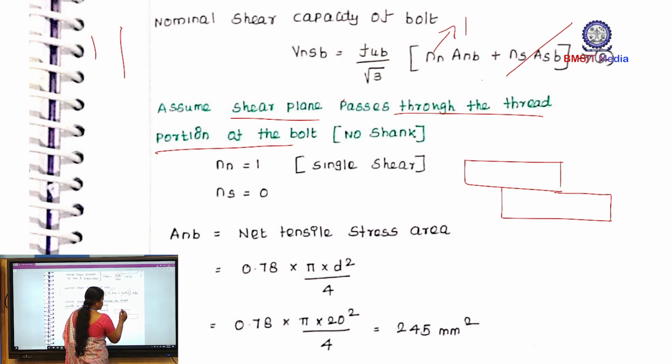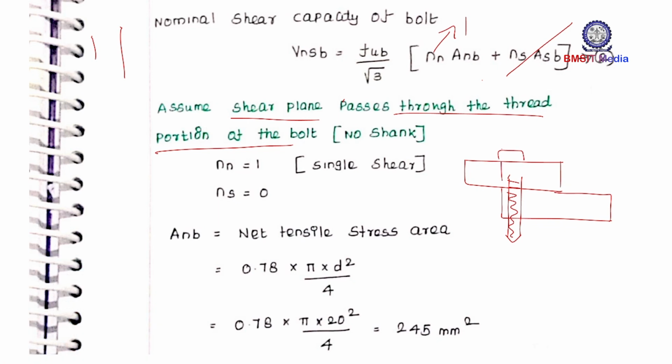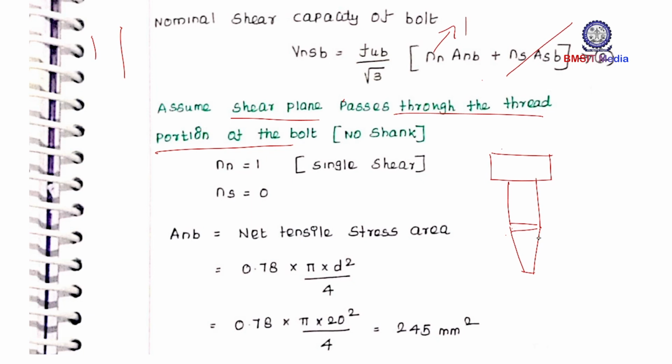For example, this is the thread portion and the remaining is the shank area.